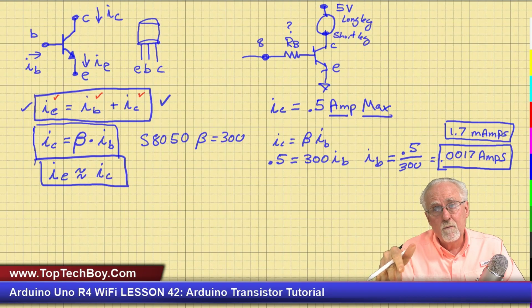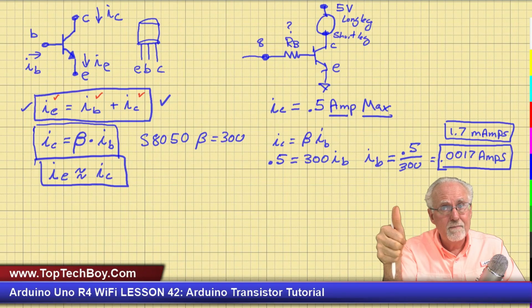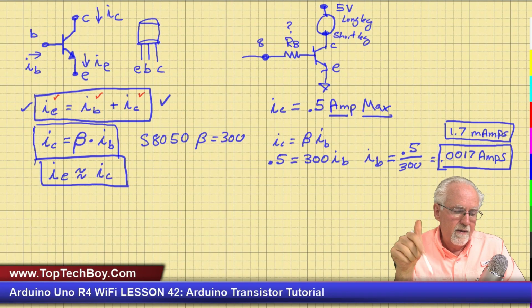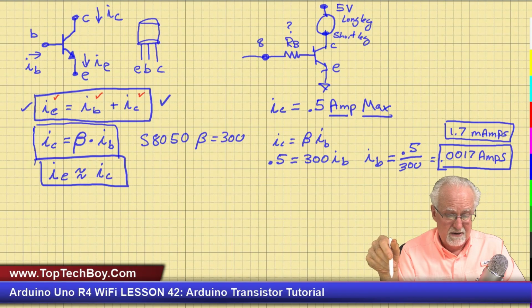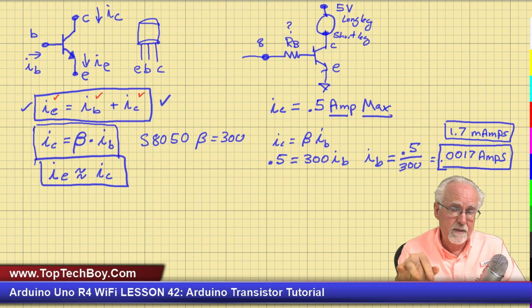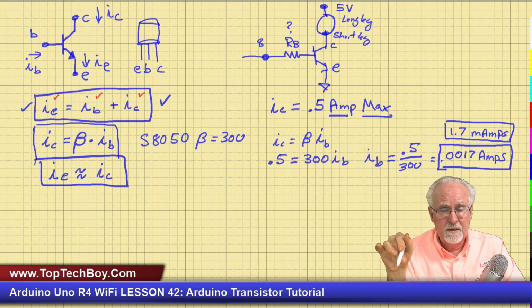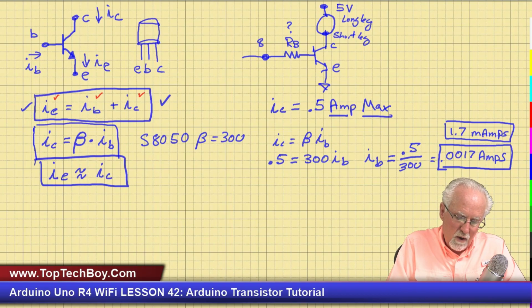So if I'm drawing 1.7 milliamps, I'm safe. The 5-volt pin can draw, we said, an amp or two, but we're going to limit it to a maximum of 0.5 amps, and so that is safe too. I'm not going to damage the 5-volt pin, and I am not going to damage the pin 8 that I'm going to use.